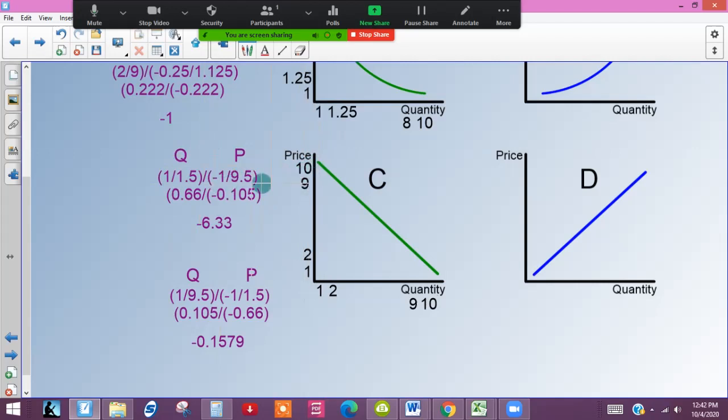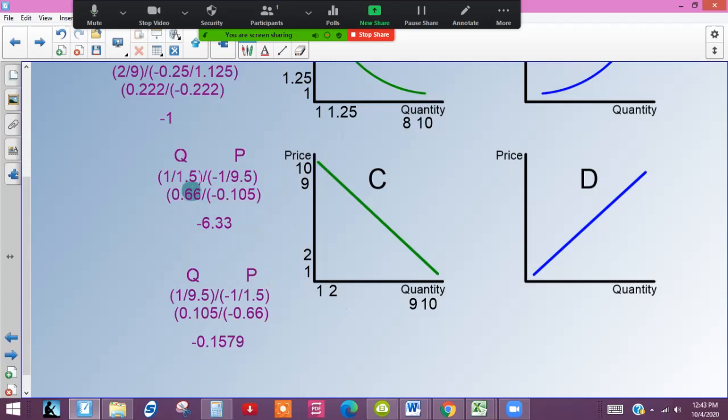The average, of course, is 9.5, and then when we do our math, we see that the percentage change in price is about negative 10.5%, a decrease in price of about 10.5%, and then an increase in quantity of 66% going from 1 to 2.